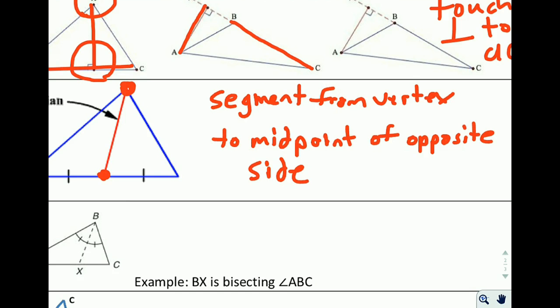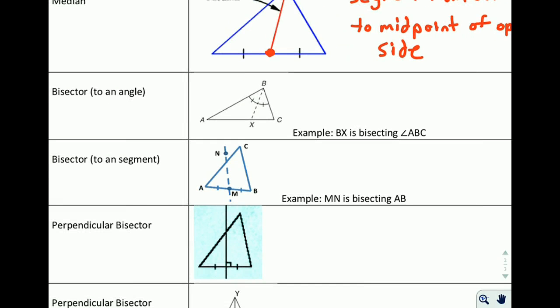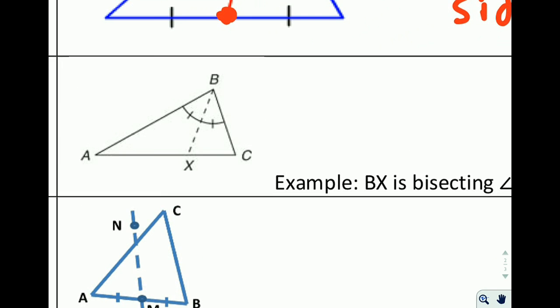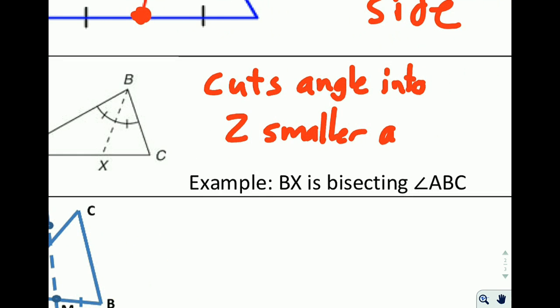Our next couple terms are review. We are going to go back and look at bisectors. Now bisectors cut things in half. When we have a bisector to an angle, it cuts the angle into two smaller angles, each is half.